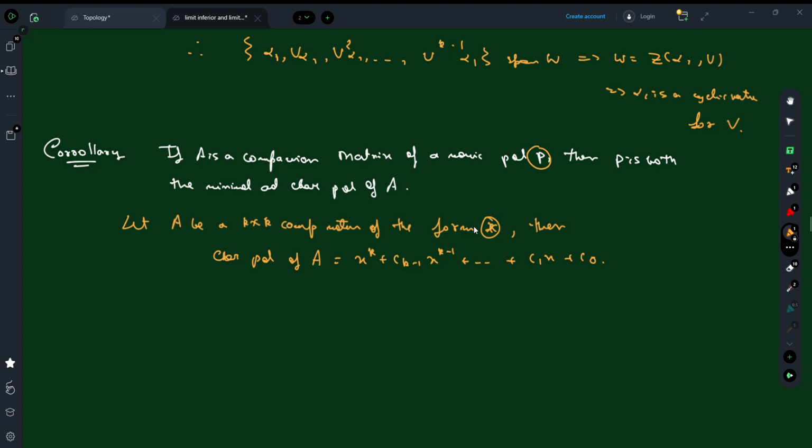Okay, what can you say about the minimal polynomial? That's my question. Obviously this is a k degree polynomial which annihilates the matrix.